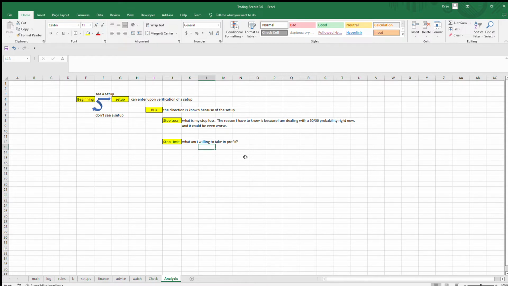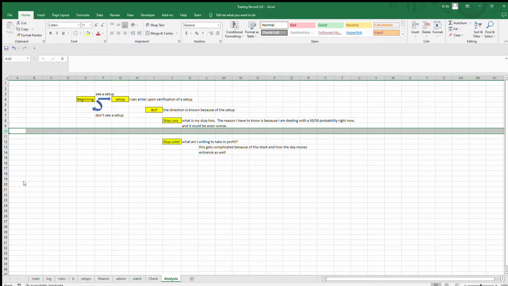Now this gets complicated because of the stock and how the day moves. It also has something to do with entrance as well.